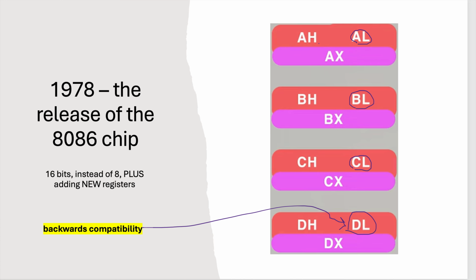So AX, you would consider it to have an upper and a lower, a high and a low. That's why there's AH, which is A high, and AL, which is A low.